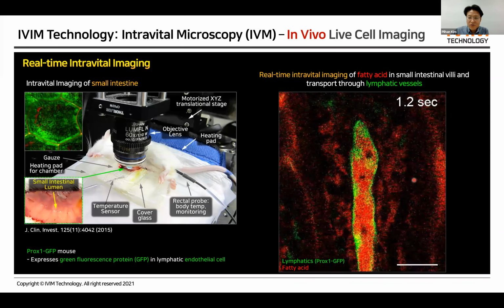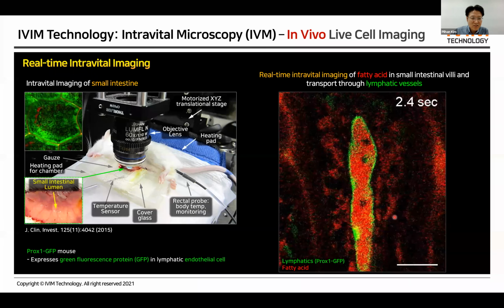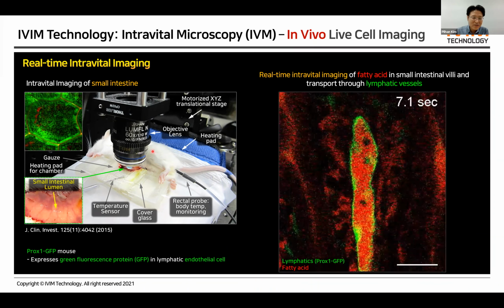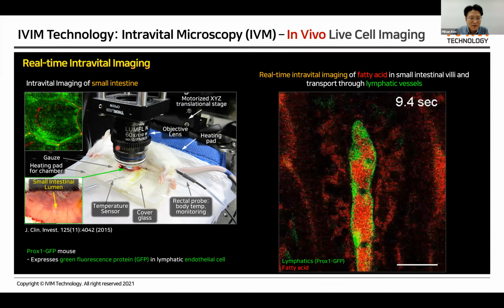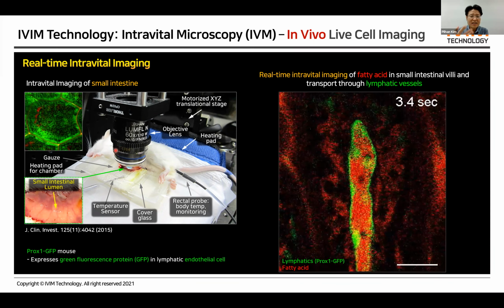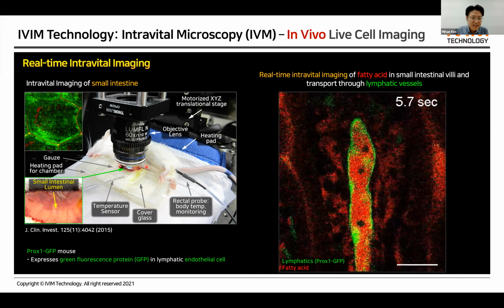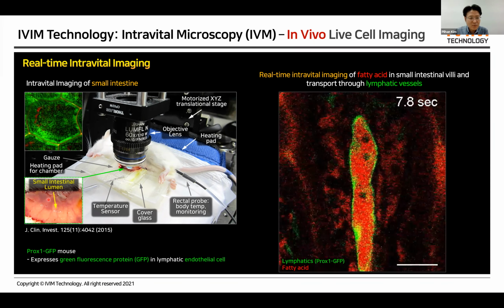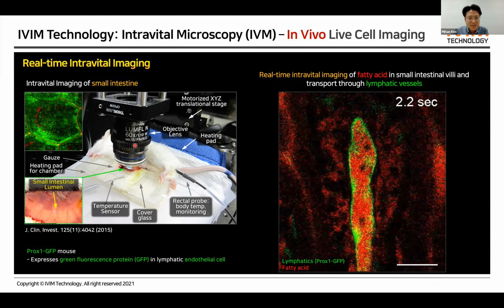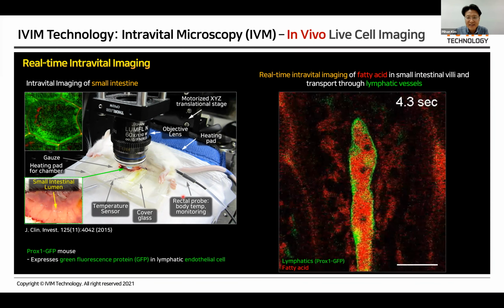And this is another example obtained from the small intestine. In this example, the surgical procedure is a little bit invasive actually, but anyway, part of the small intestine is externalized like this, and then we make an incision to expose the luminal side of the small intestine, and we take the imaging in this setting.